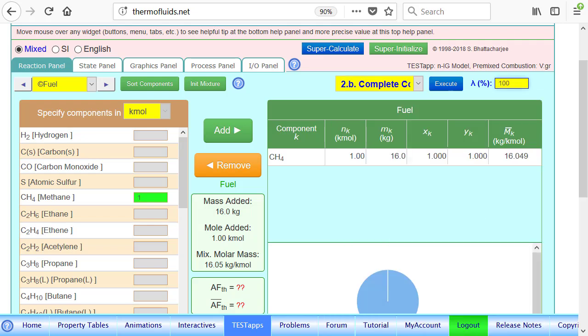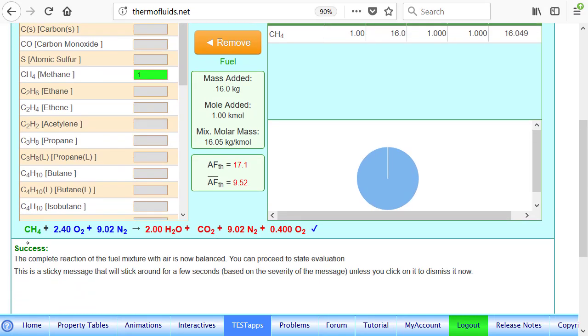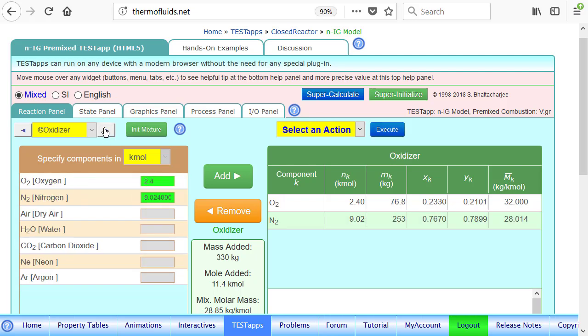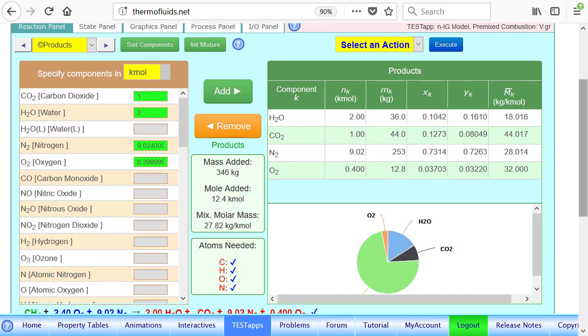So that should be our chosen action, and we have 20% excess air, so lambda is 120%. With that, if I execute, you will see that the reaction is completely balanced, and of course you can switch through the fuel, oxidizer, and products panel here to see the details of each gas mixture.